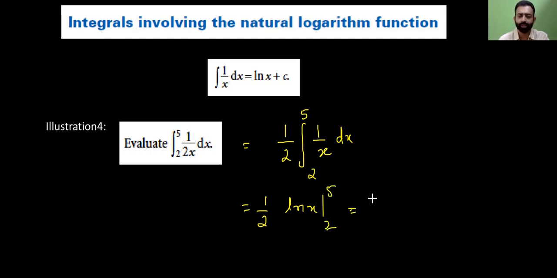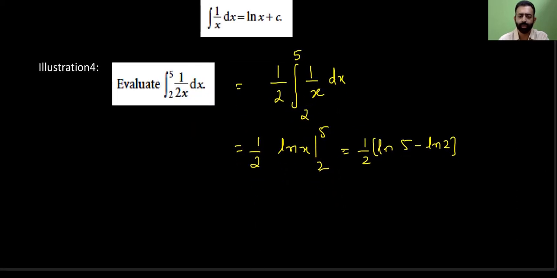That is 1 upon 2 times ln 5 minus ln 2. Since log a minus log b is log of a upon b, that means half of ln 5 over 2.